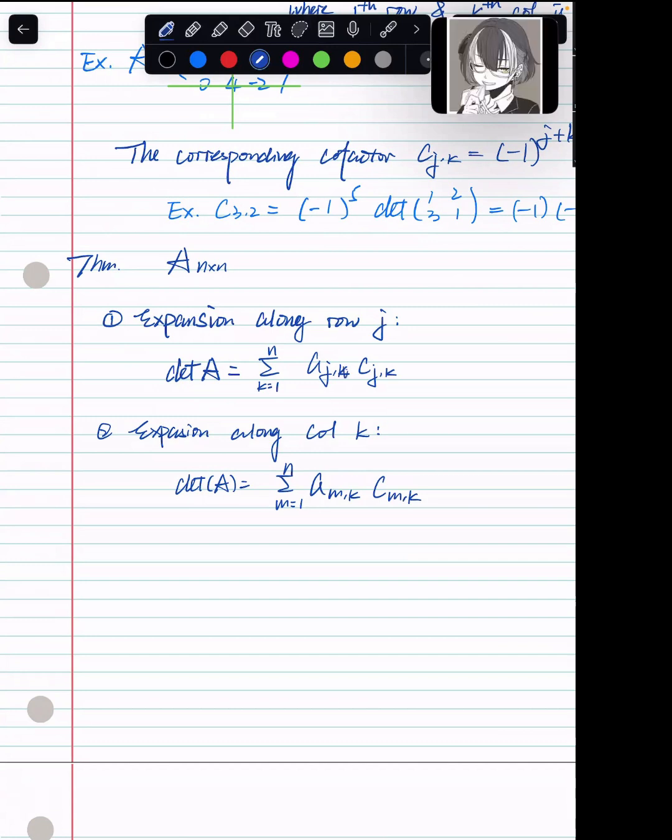Instead of using k here, let's use I or something. All right.